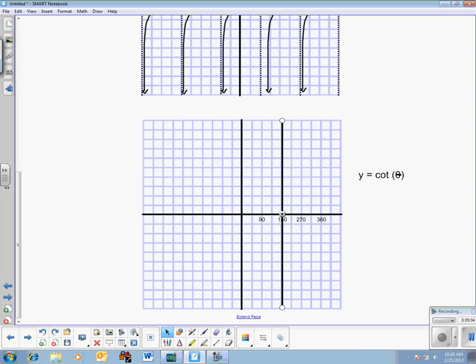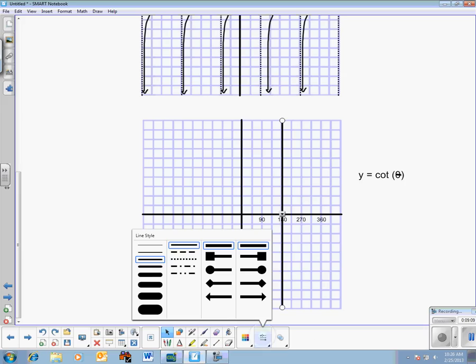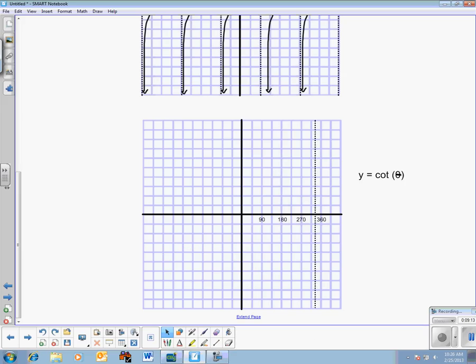Instead of going from minus 90 to 90, it's going to go from 0 to 180. Okay, so every 180 degrees, it's going to have an asymptote, but those asymptotes are on the 180s, not on the 90s.